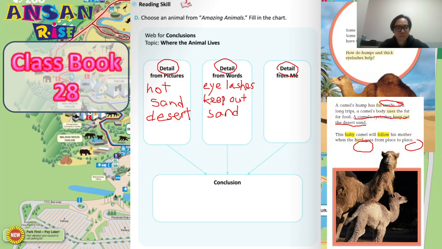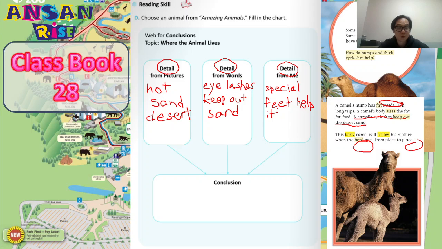I will say, all special feet help it. What does it help it do?